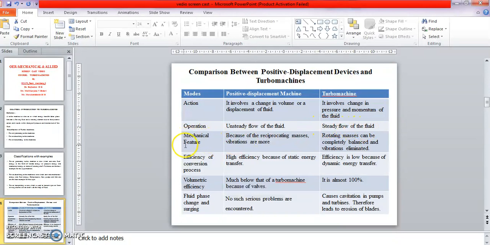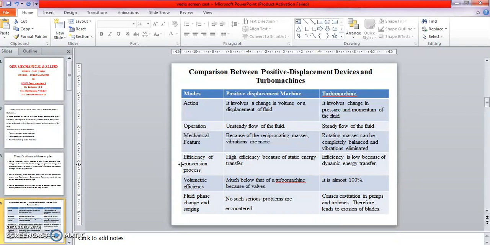Coming to mechanical feature, because of reciprocating masses, vibrations are more in case of positive displacement machine. Based on the rotating masses being completely balanced, the vibrations are eliminated in turbomachines. For the efficiency of the conversion process, we consider high efficiency in positive displacement because of static energy transfer.